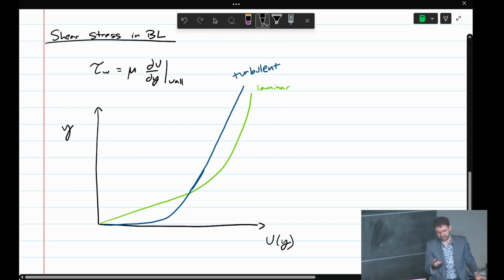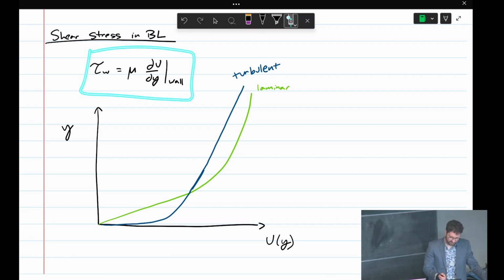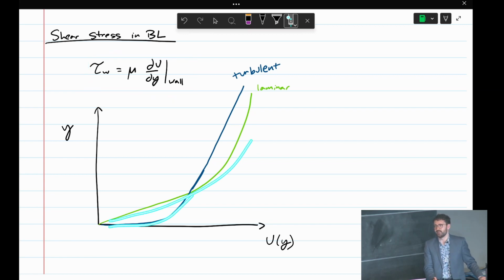Now does someone have an idea, based on these profiles, why a turbulent boundary layer would have a higher wall shear stress? Based on the equation we have here and the profiles that I've drawn, why would the turbulent boundary layer have a higher wall shear stress? Yep.